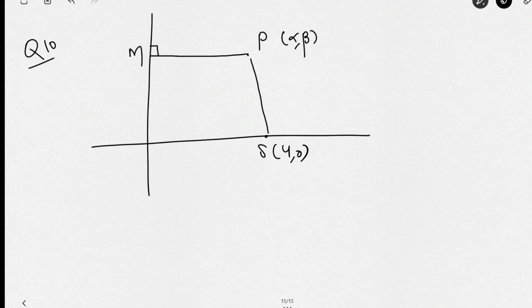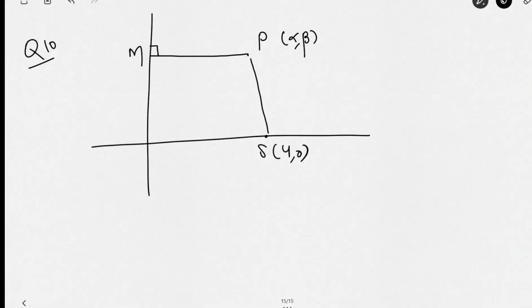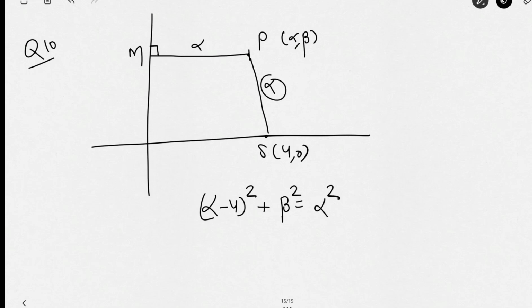Also something else is given. P moves such that the distances PS and PM remain equal. PS we don't know, but PM is very clear. PM is alpha. So if this is alpha, then alpha minus 4, this distance, squared plus beta square is this square, equal to alpha square, and we are done.